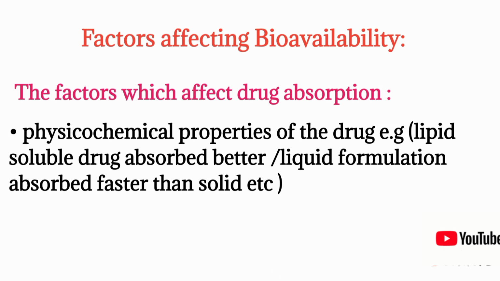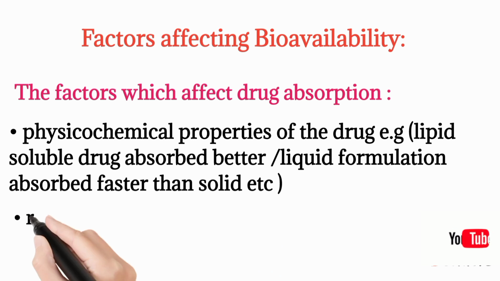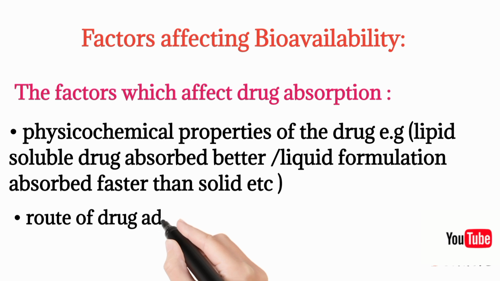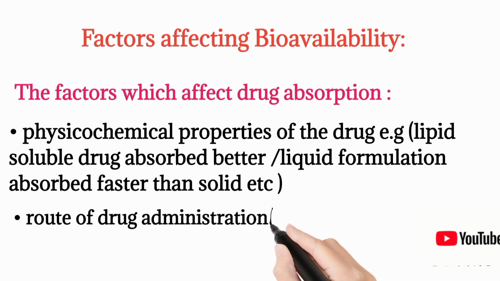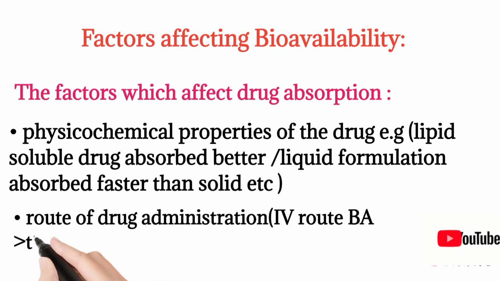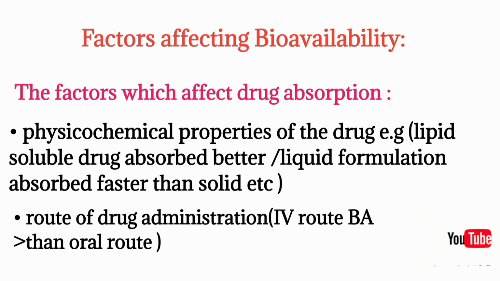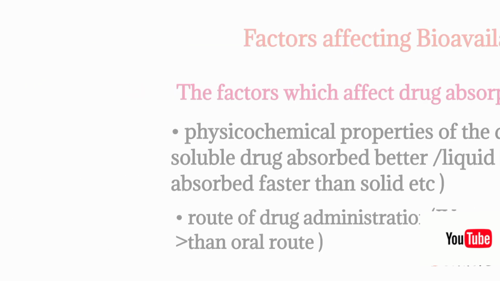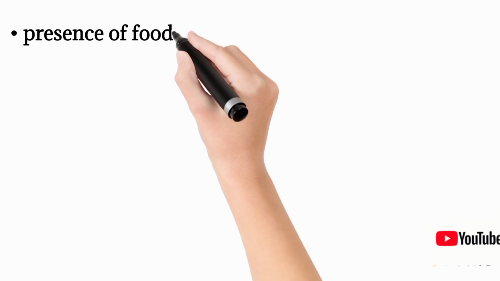Then we have other factors, for example, routes of drug administration. As we already discussed, parenteral route or IV route will have a greater bioavailability than the oral route, because in the oral route, because of the liver metabolism, drug concentration reaching the bloodstream is low. Then we have other factors, like the presence of food particles in the stomach. If there is food available, the net absorption of the drug will be low.